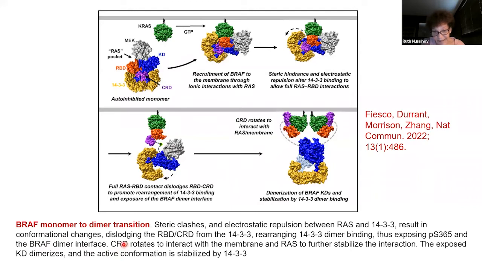The CRD then rotates to interact with the membrane and RAS to further stabilize the interaction. And the exposed kinase domain dimerizes, and the active conformation is then stabilized by 1433.